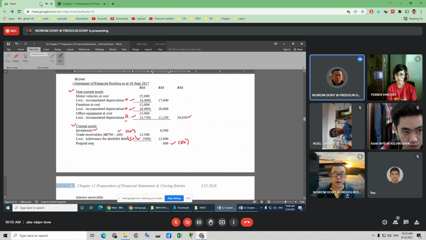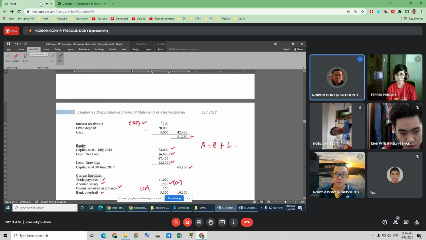And then we have the year-end adjustment, prepaid rent, 800. Then interest receivable, also coming from the additional information. And we have the existing fixed deposit from the trial balance, 20,000, and cash 3,000.